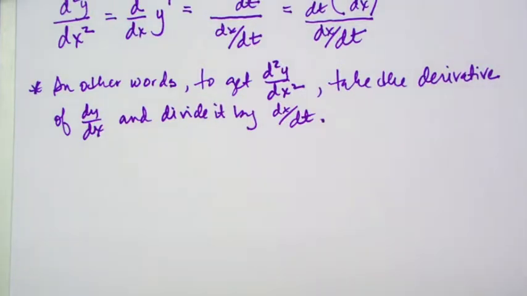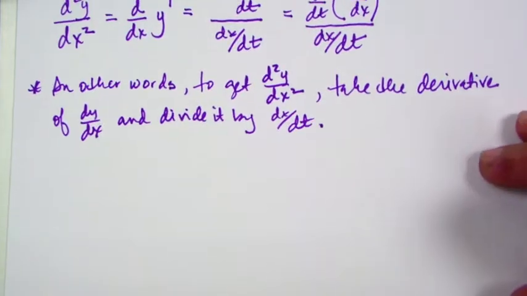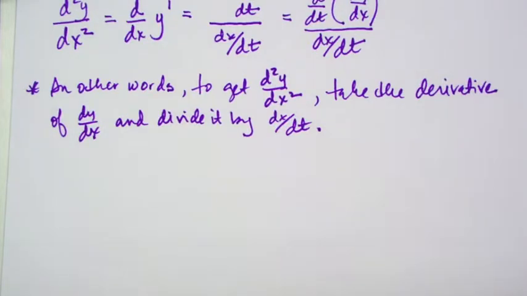In order to take a second derivative, we've got to take a first derivative, right? So we take the first derivative of my parametric, and then to get the second derivative of the whole thing, I take the derivative of what I got and put it over dx/dt.